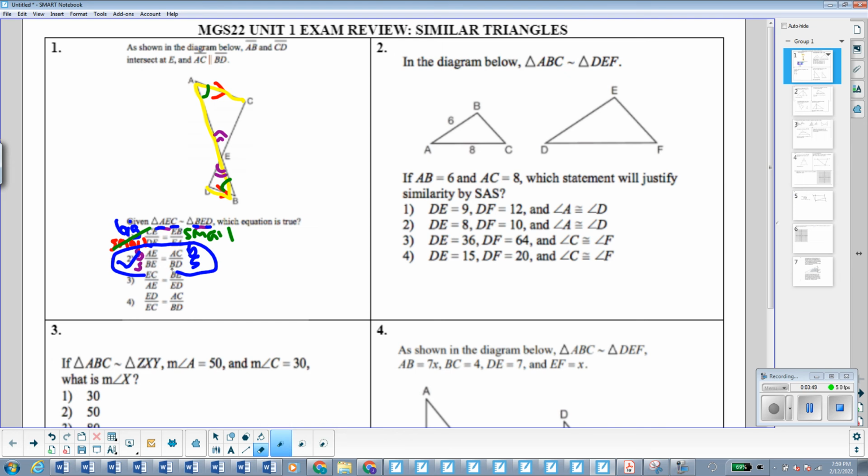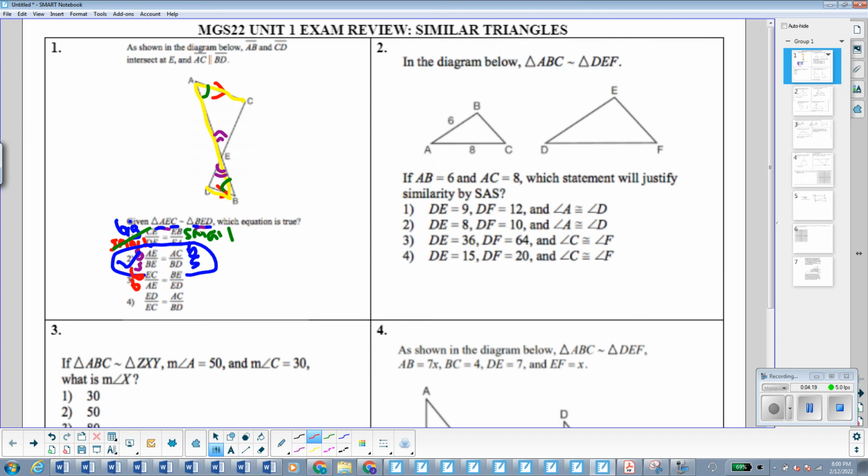Let me just remove this so we could see it better. We can take a quick look. EC is from the big triangle. AE is also from the big triangle. So in order for this proportion to be correctly set up, on the other side here, there should be the corresponding side to EC from the small triangle and the corresponding side to AE from the small triangle.